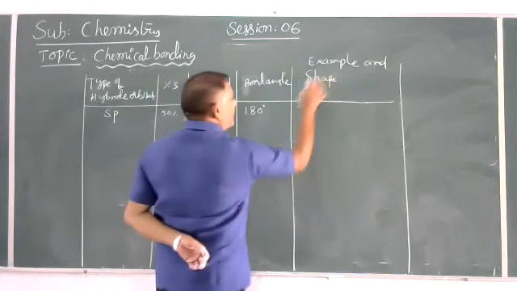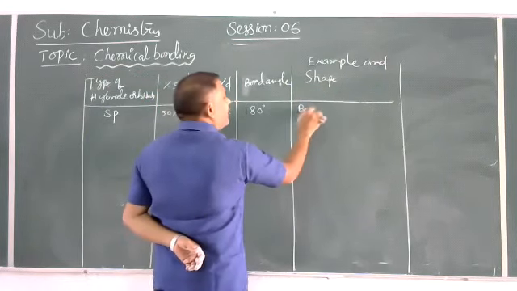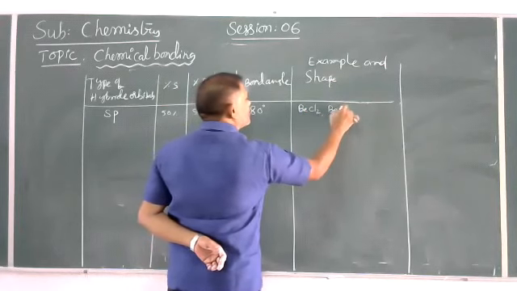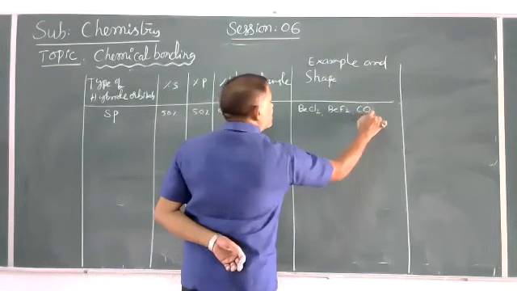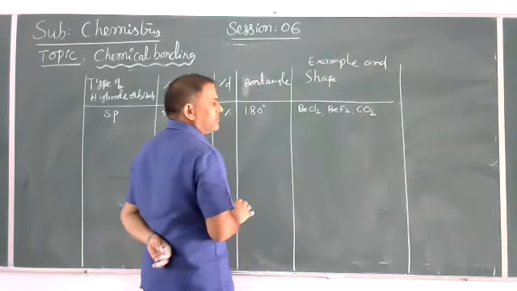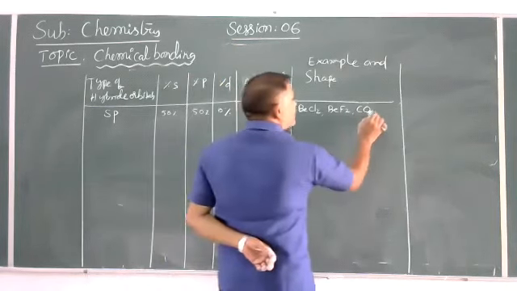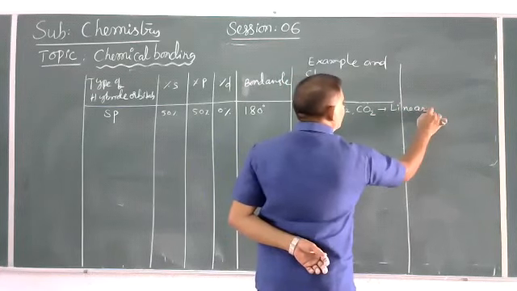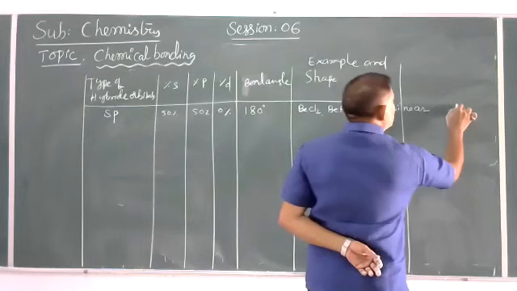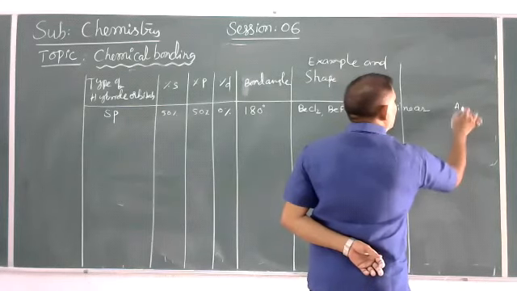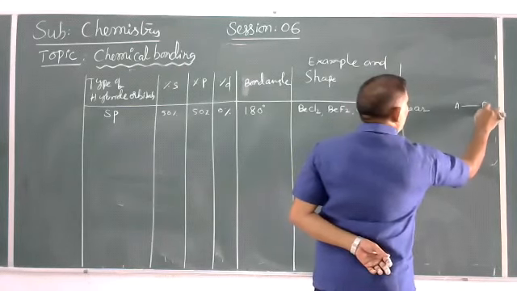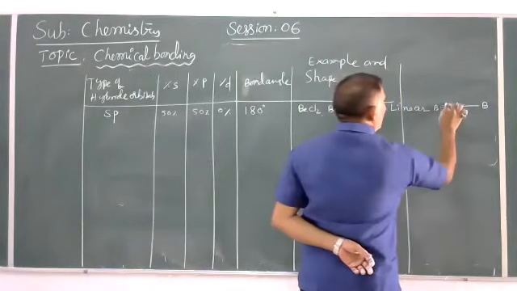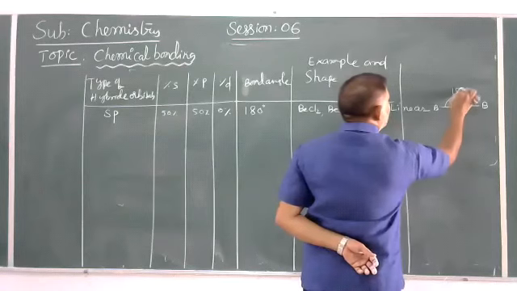Examples are BeCl2, BeF2 and carbon dioxide, with sp hybridization. The shape of the molecule is linear, where the central atom is of AB2 type, there are no lone pairs, and the bond angle is 180 degrees.